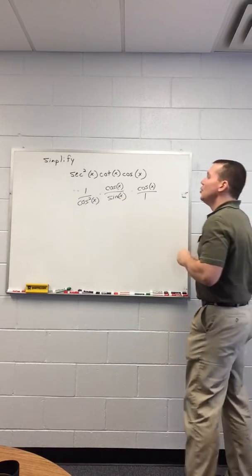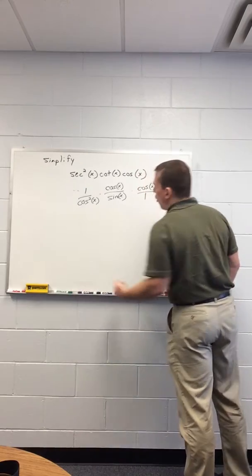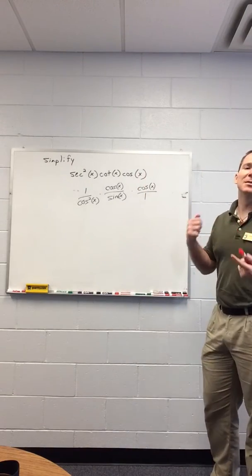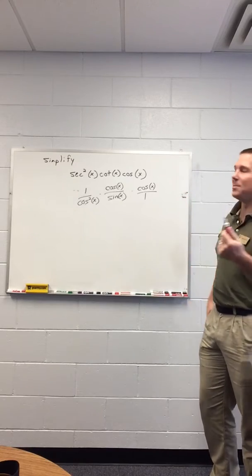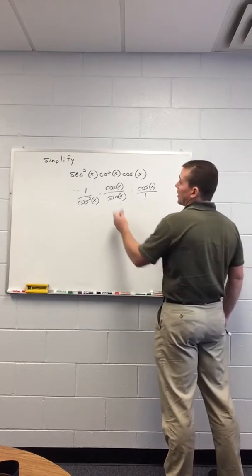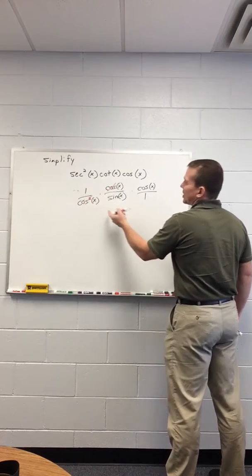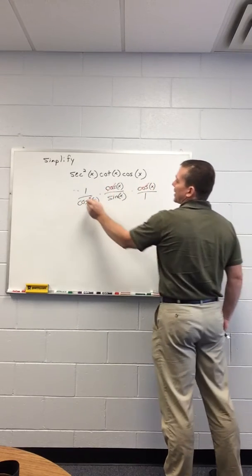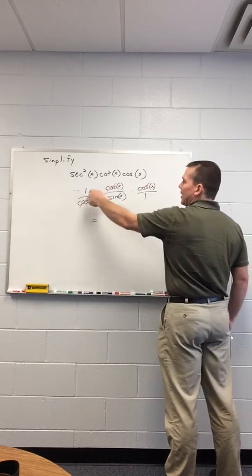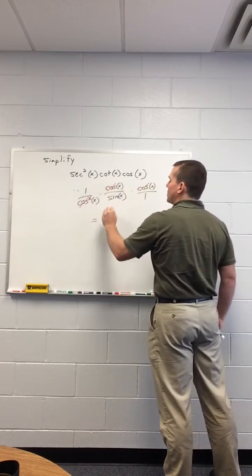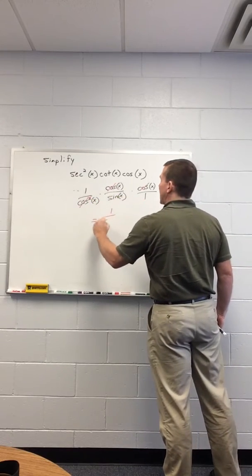And now you can multiply this out. This is just regular multiplication of fractions, or we'll actually simplify now because just like multiplying fractions, you can simplify before you actually multiply. And if we look right here, this cosine x will cancel the square because it's cosine squared. This cosine x will cancel the other cosine x. And when we multiply everything out then, we're left with 1 times 1 times 1, which is 1, over 1 times sine x times 1, which is sine x.